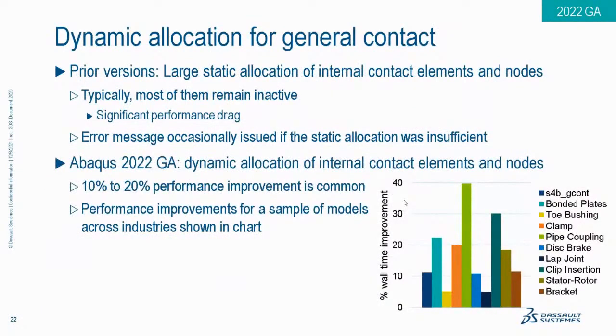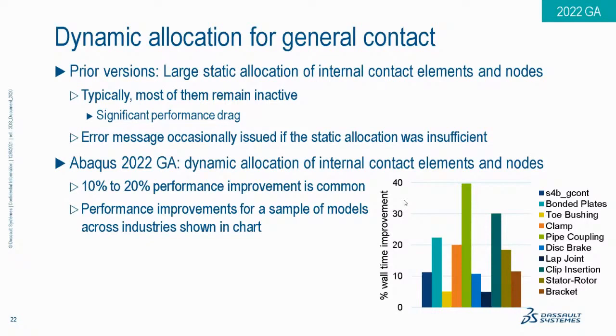Next enhancement is related to general contact in Abaqus Standard. In prior versions, we essentially made a large static allocation of internal contact elements and nodes to account for potential contacts. In many applications, most of those remain inactive because they're only needed if there is active contact. So that can lead to performance drag, due to tracking and so forth, and an increased use of memory.